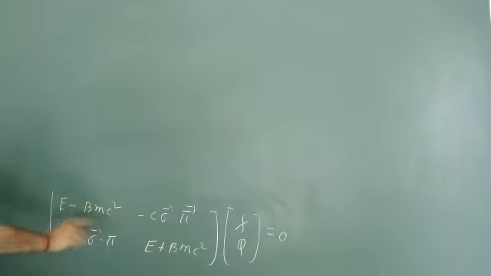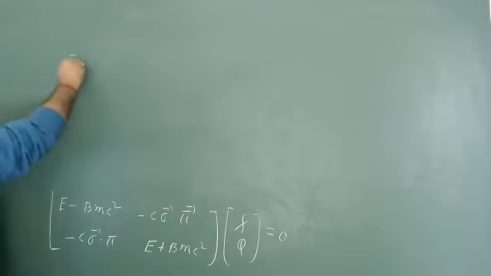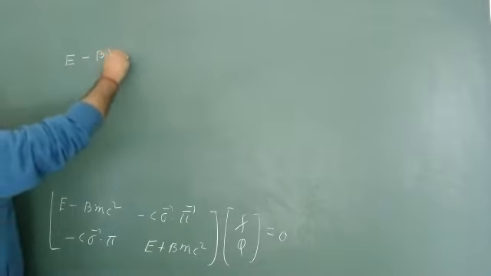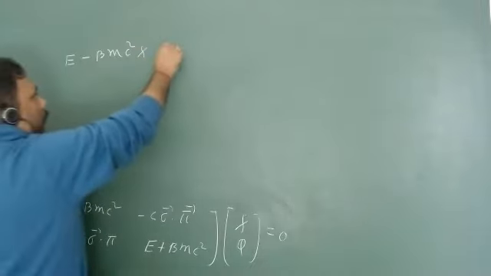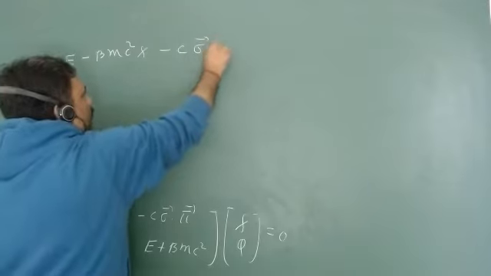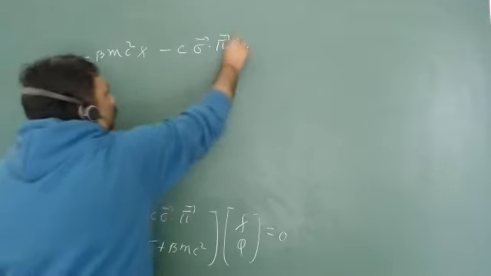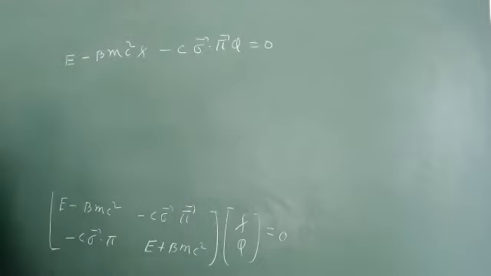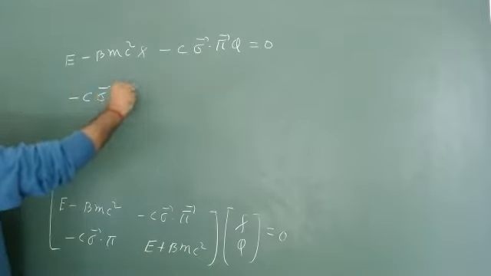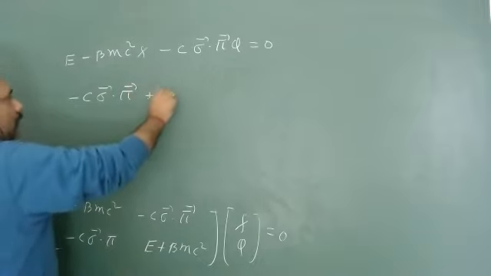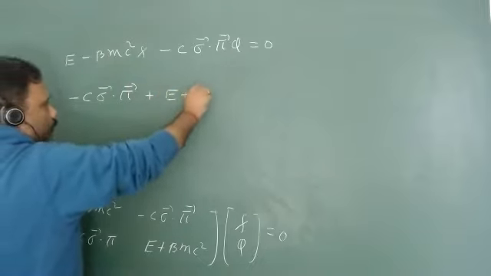We have this equation as E minus beta mc square chi minus c sigma dot pi phi must be equal to 0. This is my first equation. The second equation is minus c sigma dot pi and plus E plus beta.